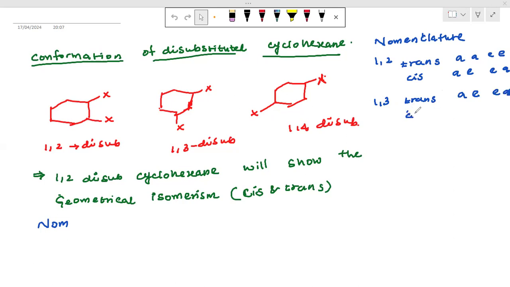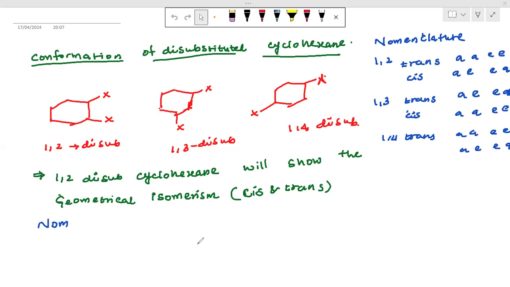The cis form is axial, axial or equatorial, equatorial. In 1,4 trans, axial, axial or equatorial, equatorial, then in cis, axial, equatorial or equatorial, axial.